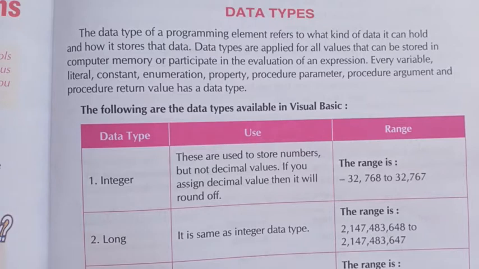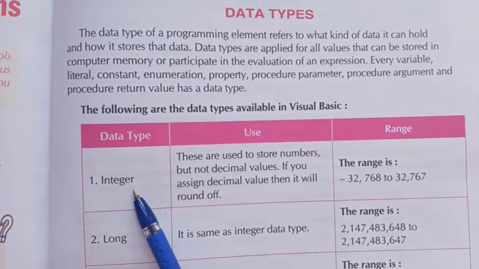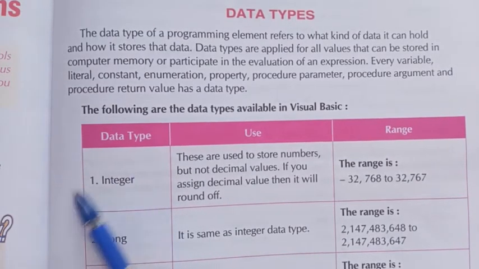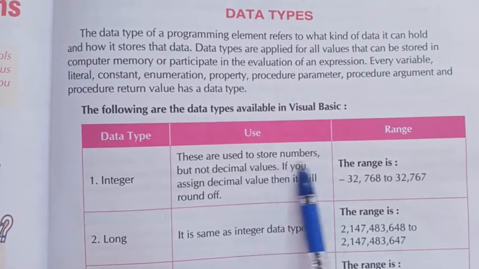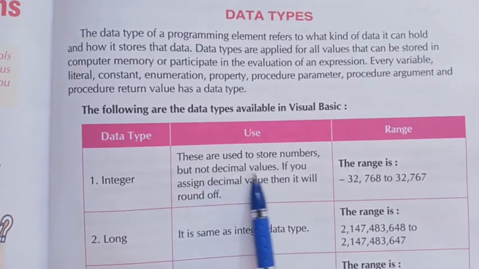So what are the common data types used in Visual Basic? The very first data type is the integer data type. Integer data type is going to store numeric values. But remember that these numeric values cannot contain decimal values.